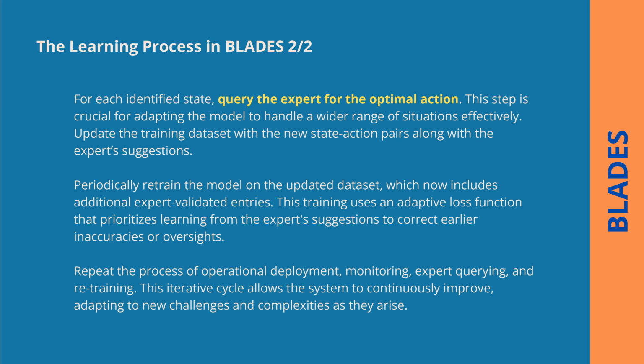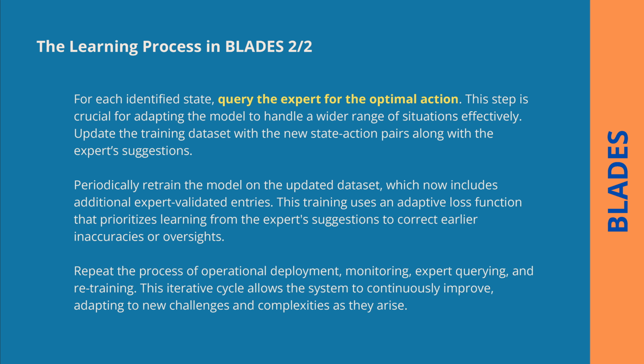And now, the solution: for each identified state where we do not have enough good training data, query an external expert, an AI system, a database, whatever you have access to, for the optimal action. This is crucial for bringing in new information, maybe think of a RAG, for adapting the model to handle a wider range of situations much more effectively.